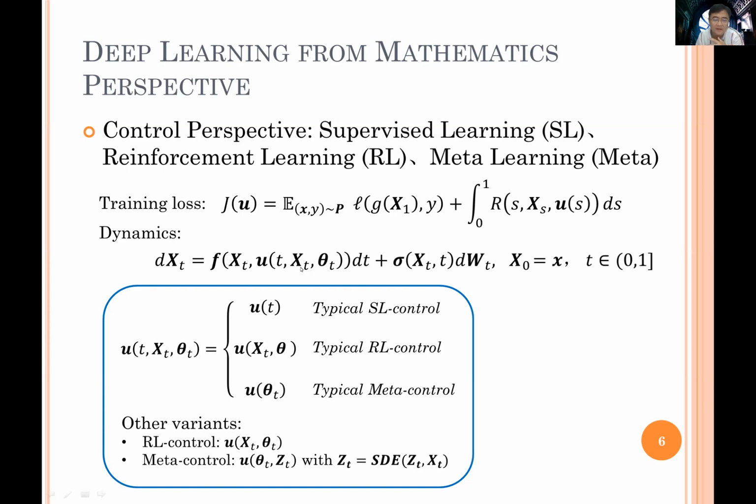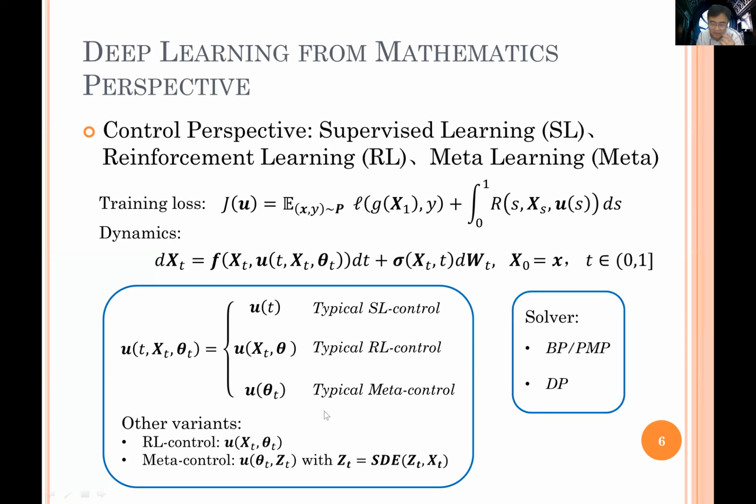You're not directly controlling U, you control the parameter theta that controls U, and in the end it controls the entire dynamics. So in a way, the model for reinforcement learning is a special case of meta-learning. And there are many other variants as well.